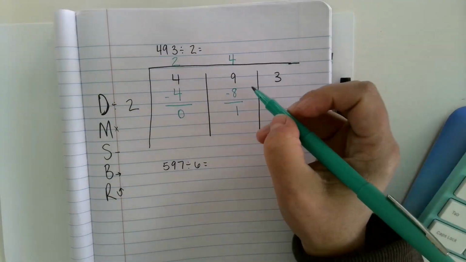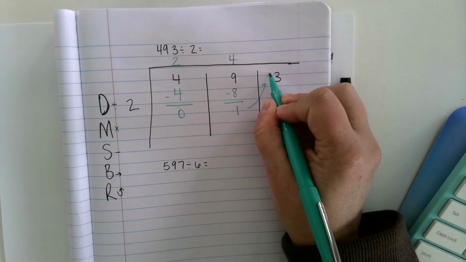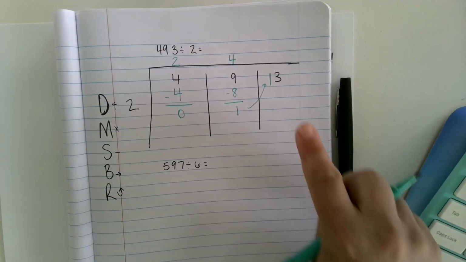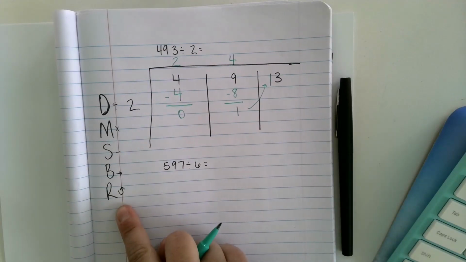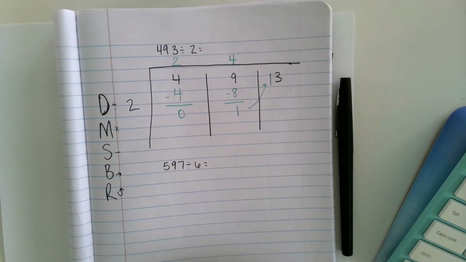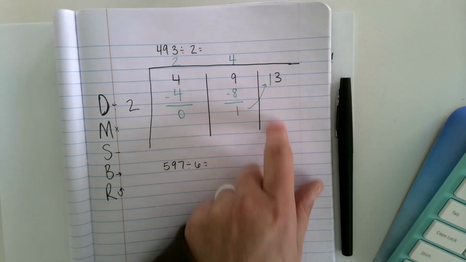Now I do have something to bring over. I have to bring a 10 over, so that's why it has to go before the 3 ones. So I have 13 total now. And now I'm going to repeat again. Okay? So now I'm going to skip count by 2s until I say 13, or go as close to 13 as I can without going over.